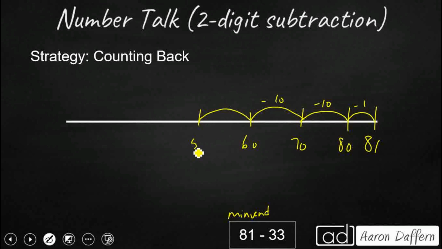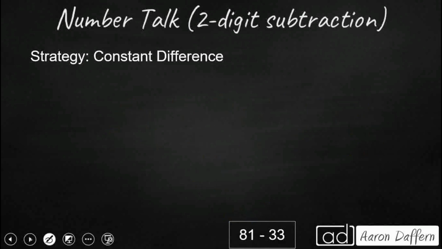And that's 50, and then that's 40. So you're keeping track of all of this in your head if you're doing it like this. And then you're going to take one final little jump there, and that's going to be 33. And then we just need to add up all of these jumps. So that's 1 and 10 is 11, 21, 31, 41, 41 and 7 get you back up to 48.